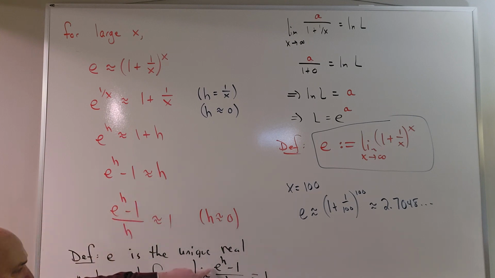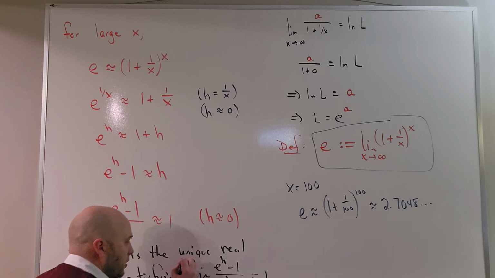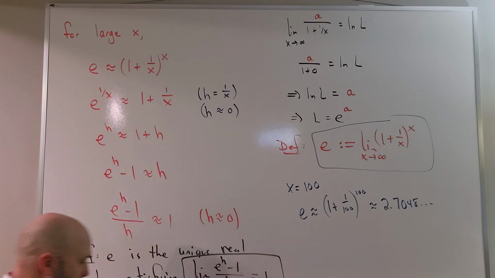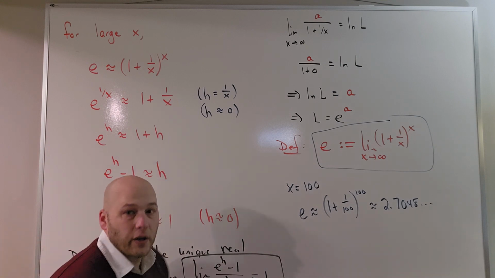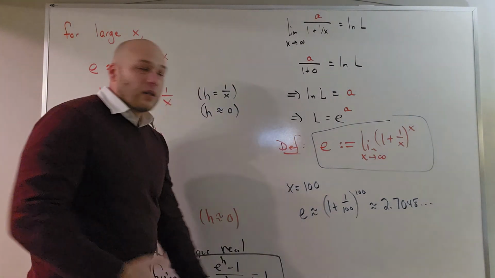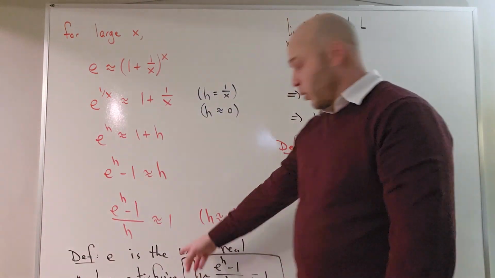Meaning if I change this base here to any other real number, this limit would not be 1. But e is the unique real number for which this happens. This limit definition of e is the one that you will use when you first look at the derivative of the natural exponential function e to the x by using the limit of a difference quotient. And that's where it comes from.